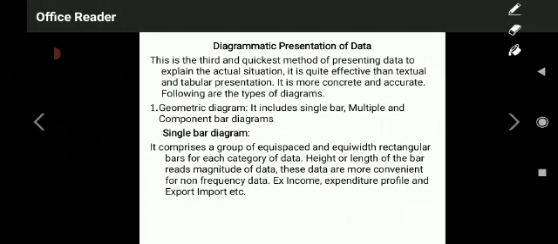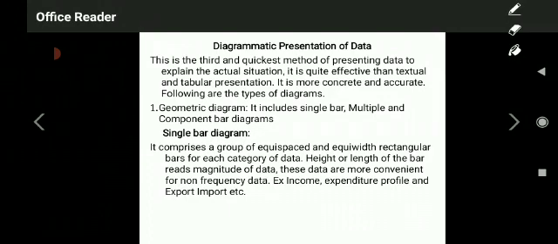Diagrammatic presentation gives a very effective and accurate result compared to textual or tabular presentation. Effective in the sense that it gives a clear picture of that particular situation, and it gives more accurate information than textual and tabular presentation.